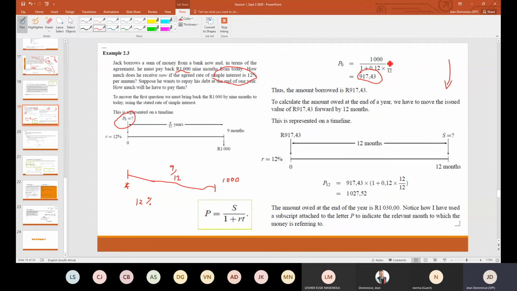Instead of using the 9 out of 12 because that was the 9 months, we need to use the full year. But then remember, you've got the present value and you need to work out the future value.